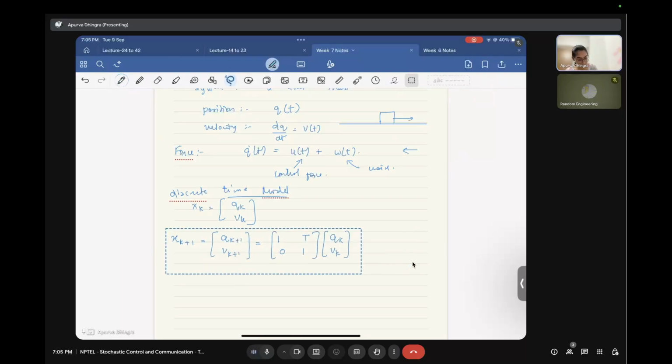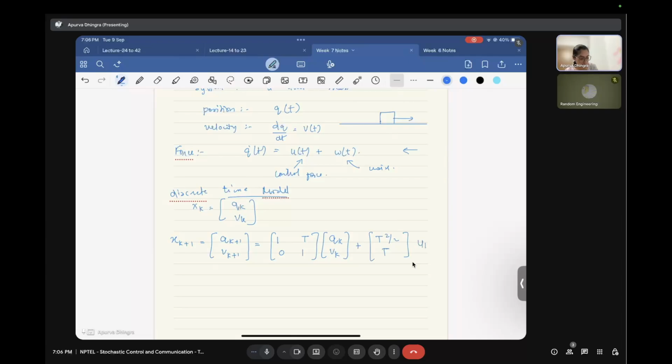So this is the first part, and then there is an extra term, which is t square by 2, t uk, and some noise. So this is the kind of dynamics you'd get.